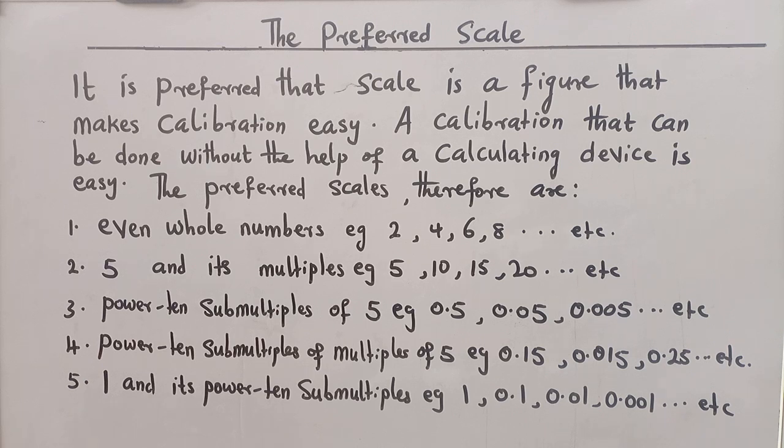We can calibrate with 5 without insisting on using a calculating device. For instance, if you write 5 as the value of the first interval, the next interval is 10. The next is 15. The next is 20. So when we use 5 to calibrate, we don't insist on using a calculating device. Because of that, we accept 5, though not an even number.